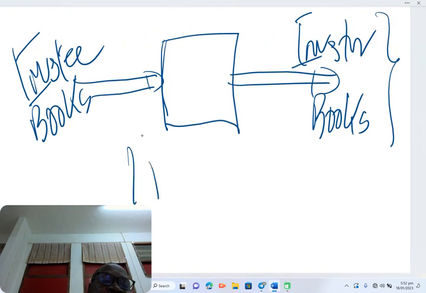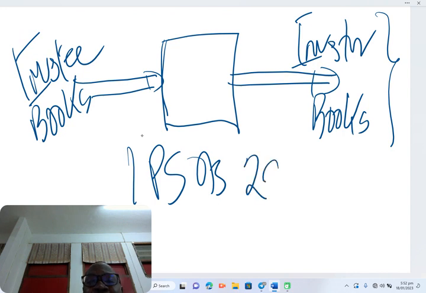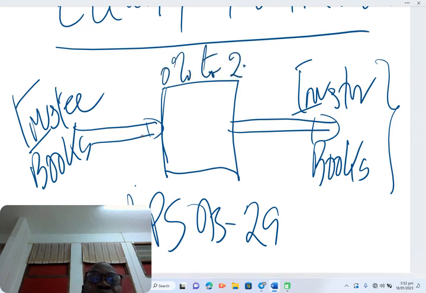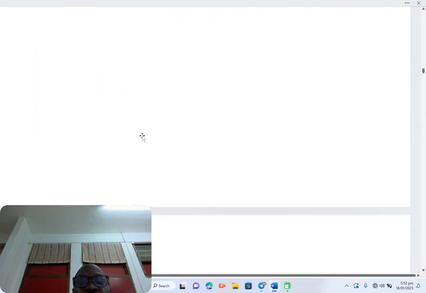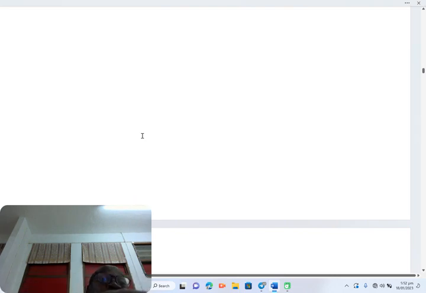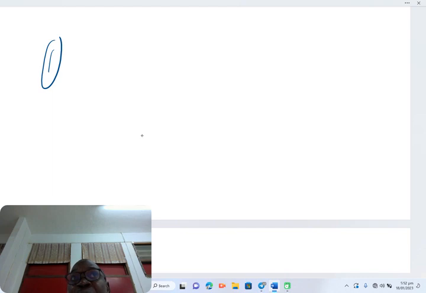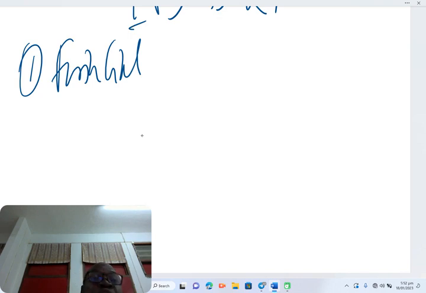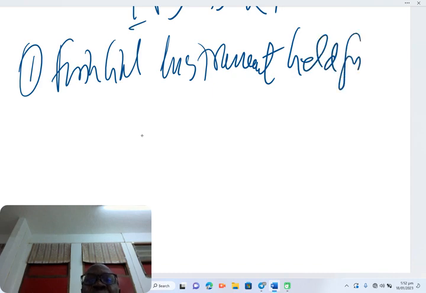Now, reference, this is IPSAS 29. Remember, acquisition is ranging from 0% to how many? 20. In this capacity, I want to simplify the problem. So, in IPSAS 29, we have 3 classes of financial instrument. You'll see. So, we have financial instrument ready for trading. This is class 1. Financial instrument ready for what?